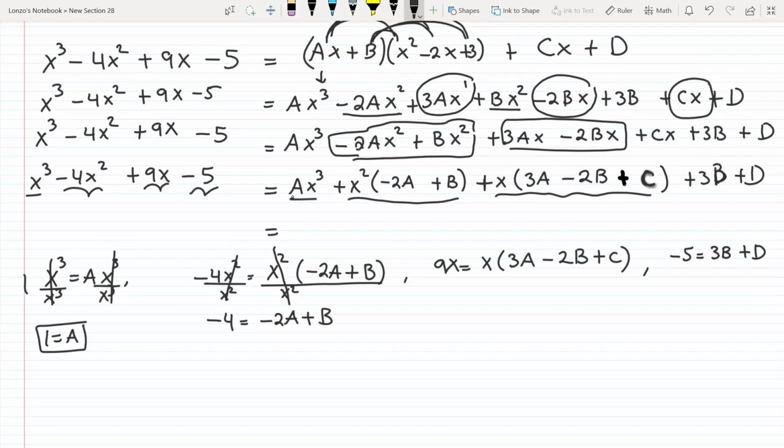I'm probably going to have to do substitution. And then over here, I'm going to get rid of the x by dividing both sides by x. So it's 9 equals 3a minus 2b plus c. And this one I can't really do much. I'm just going to rewrite it.